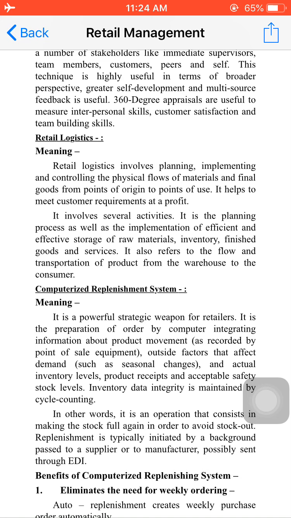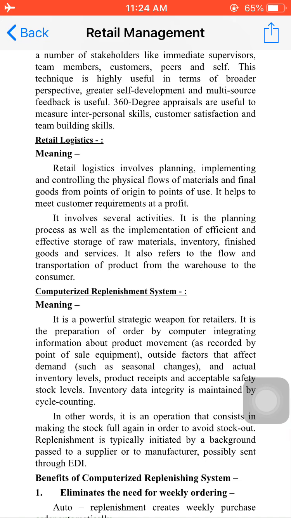flow of materials and final goods from points of origin to points of use. So as I said, it is a thing which considers planning. Planning is nothing but a predetermined course of action. After this planning, we need an implementation, right?